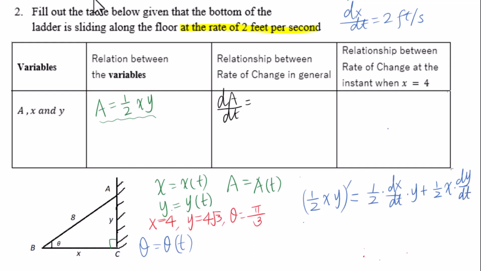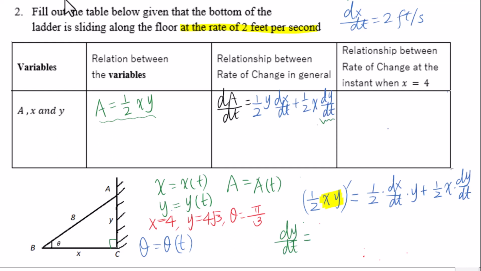Do not forget to do the product rule for xy because we are taking the derivative with respect to t. x and y are both functions of t. So we get 1/2 y dx by dt plus 1/2 x dy by dt.